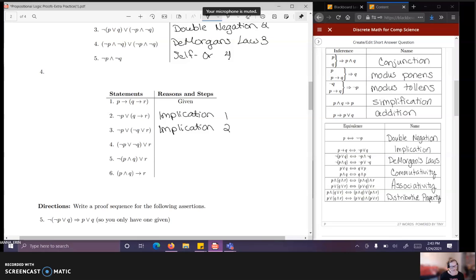So from line 3 to line 4, what's happening? Notice that essentially all of the symbols, besides the parentheses, stay exactly the same. We start with a not P, we end with a not P. We have an or, we end with an or. We have a not Q, we end with a not Q. We have another or, we end with the or. We have an R, it ends with R. None of that is changing.